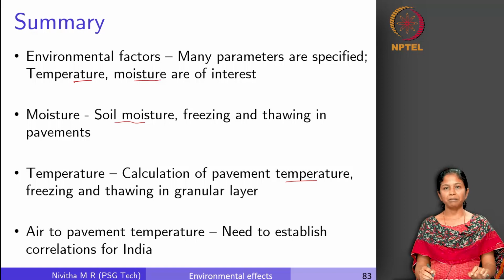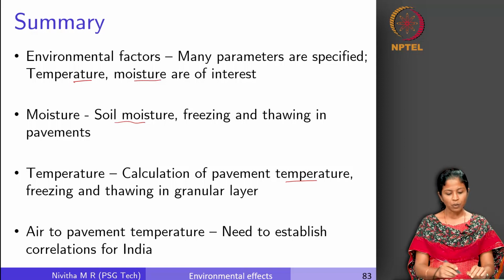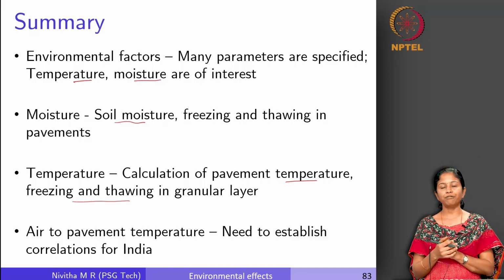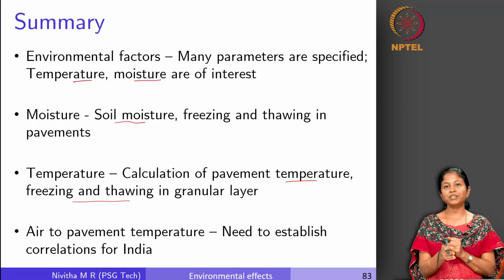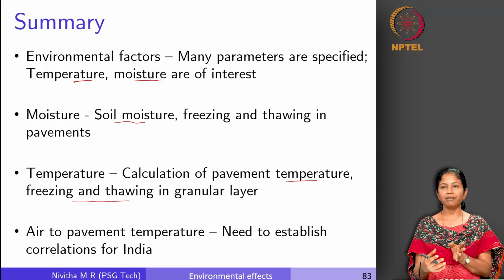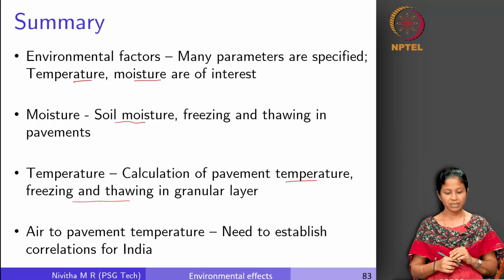Another impact of temperature is on the granular layer, which is the freezing and thawing effect. When the temperature falls sub-zero, there will be freezing in the pavement, and because of this the modulus is going to increase, and during thawing it is going to reduce substantially. We have seen all this previously.